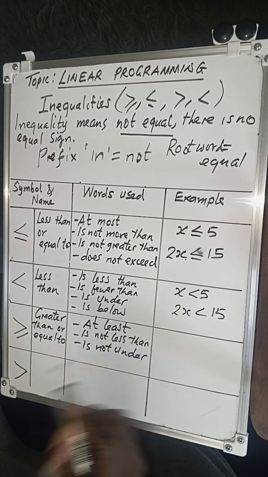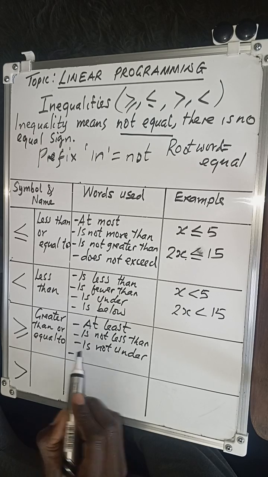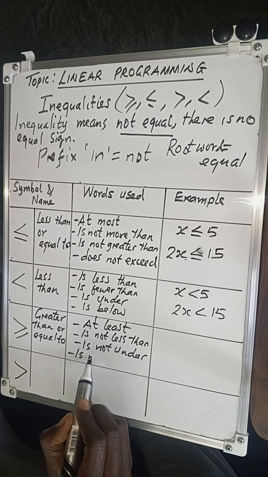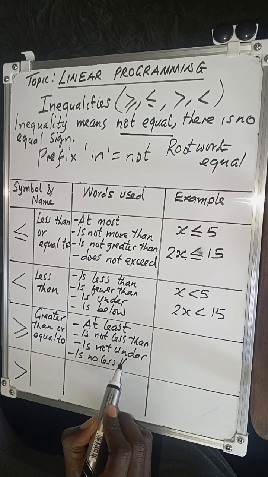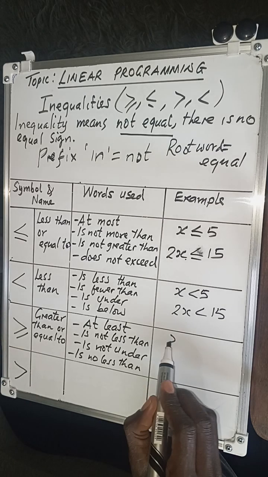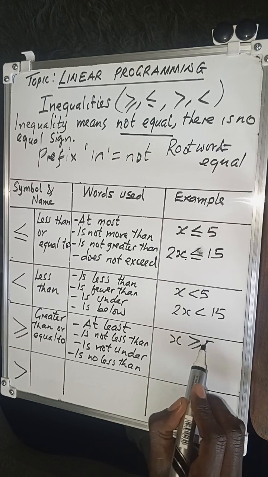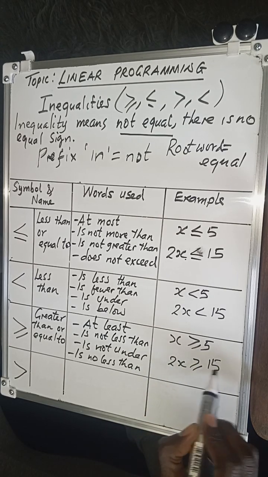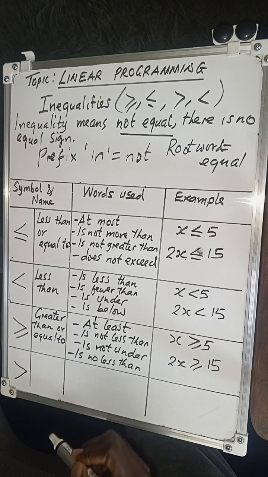So those are some of the terminologies that are used when they want you to use greater than or equal to. For example, if x is greater than or equal to 5, or 2x is greater than or equal to 15, you can use that.